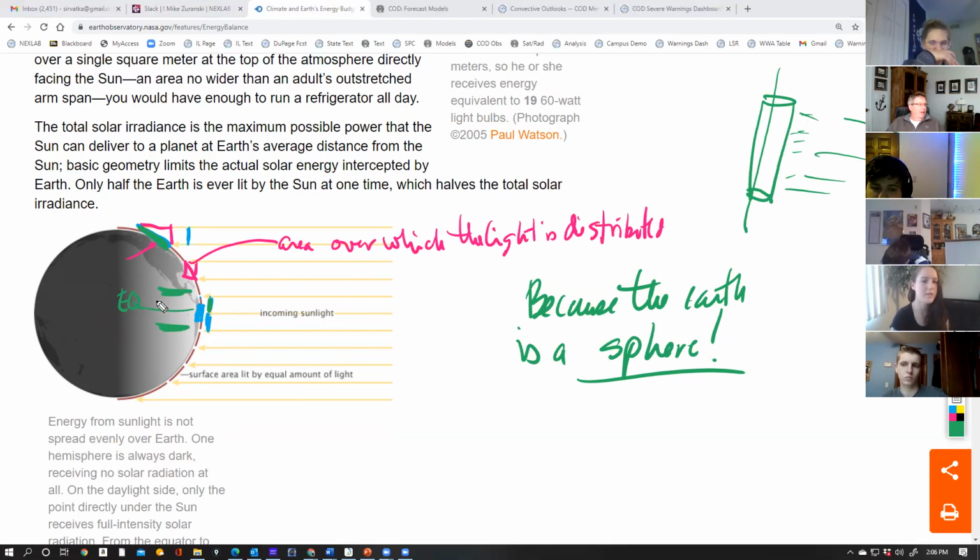The area near the equator. There's a name for that area. What do we call the area of the planet that's near the equator? The tropics. What do we call this area where we are at?